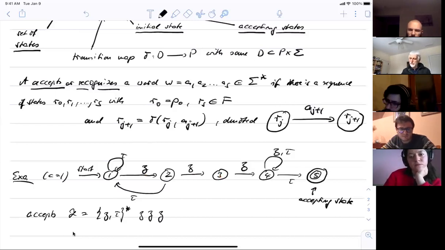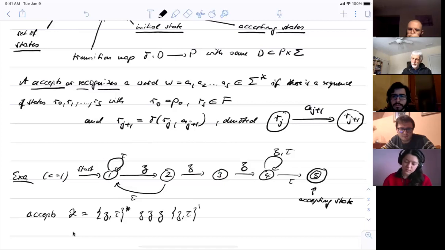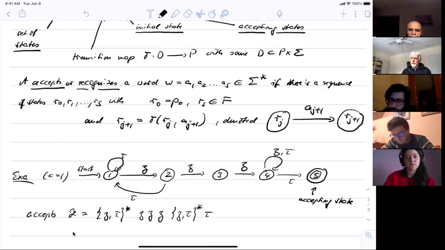But once we are in 4, then we can again append any zeta or tau. So this looks again like any word in zeta and tau. And then to get to the end, we have to add a tau. This is the language this automaton will accept.